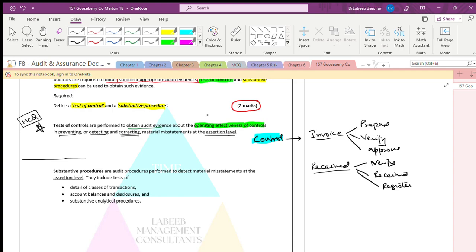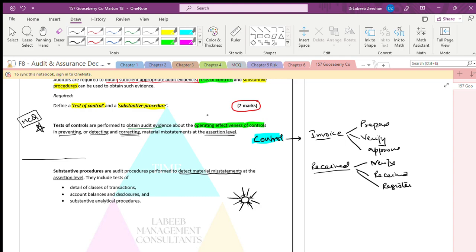We have to think from different angles, different aspects, different perspectives. We are doing this only to make sure that we detect material misstatements.